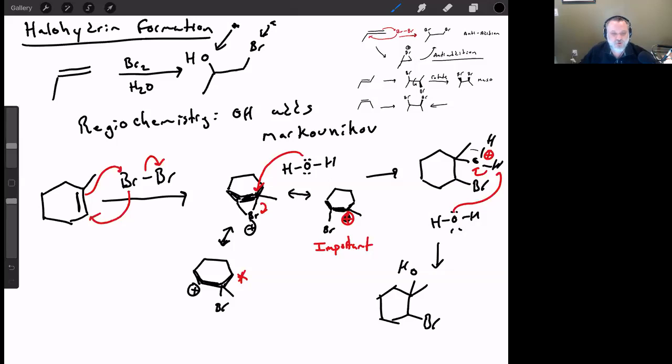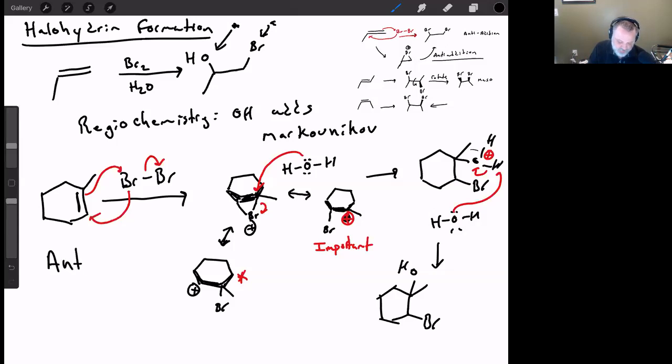It is a situation where you're going to add the water. The water's going to add Markovnikov. The reason it's going to add Markovnikov is because the positive charge is more predominantly on the more substituted location than it is at the least substituted location. We still have anti-addition.